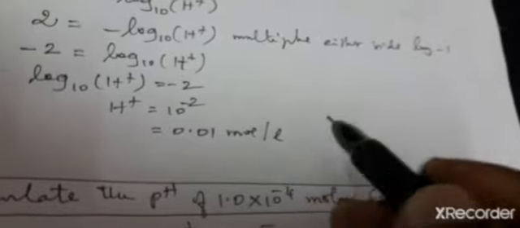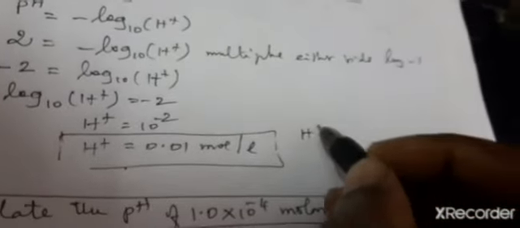0.01 mole per liter. That is the hydrogen ion concentration of the given solution, which has pH value 2. The lemon juice pH value is 2 and hydrogen ion concentration is 0.01 mole. You can also write this in another form.